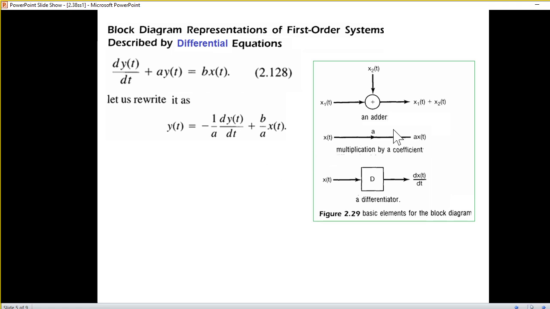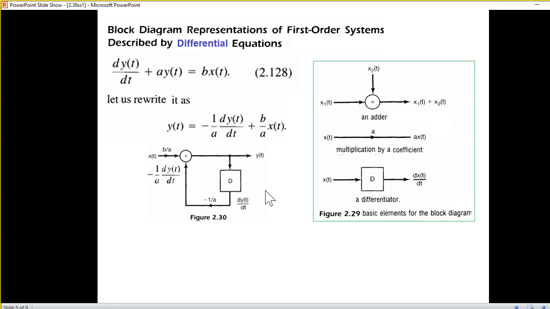And here also we'll need the three elements, adder and multiplier, and now this D will be for differentiator, in this case dx(t)/dt. So if you follow the technique that we discussed earlier, we first of all take this, that was x(t) multiplied by b over a, go to the addition sign, then we do this feedback.